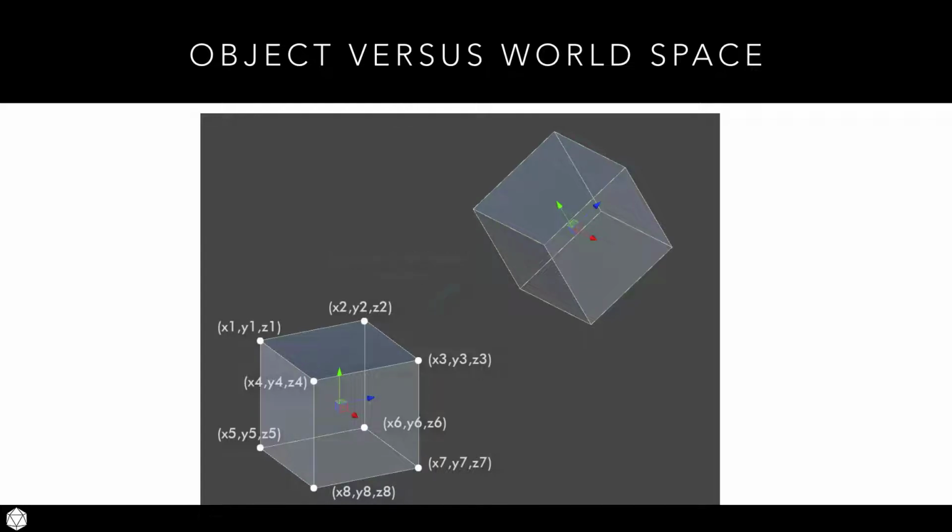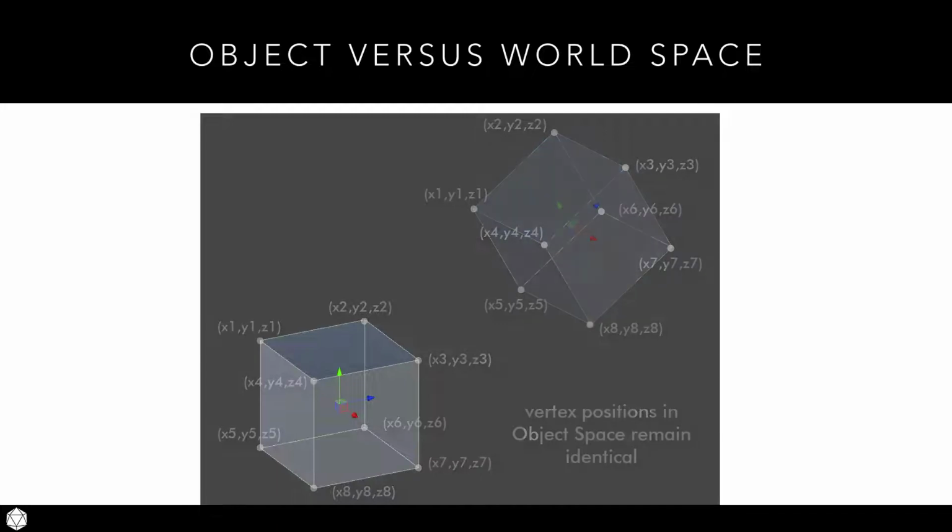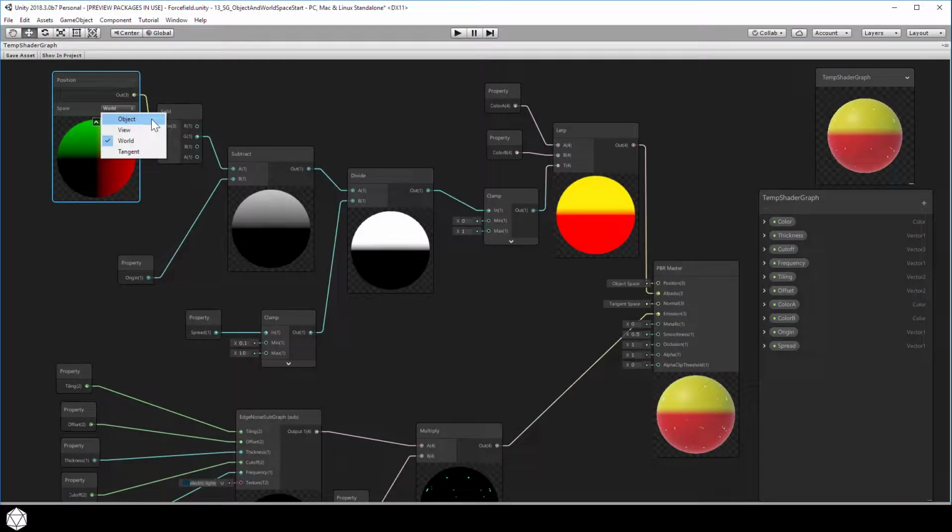But if you look at the vertices in object space, the coordinates don't change relative to the mesh. As far as the vertices in object space are concerned, the mesh could be transformed or untransformed, it doesn't matter. Those coordinates stay the same. So if you switch the position node to object space, the output port is still giving us vertex positions, but it's relative to the mesh's transform. Object space and world space are both useful depending on what context you're talking about.